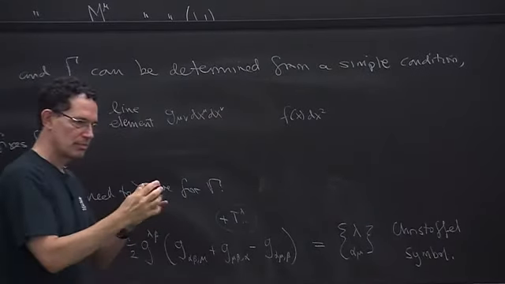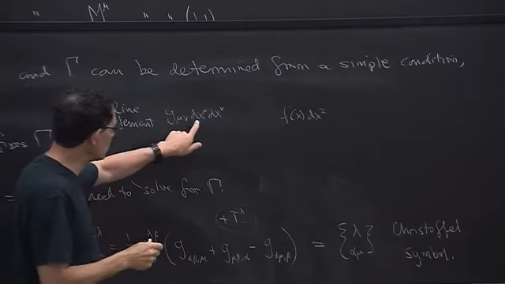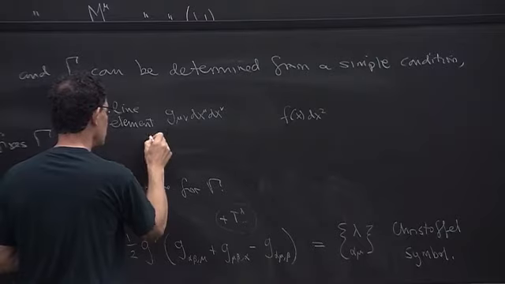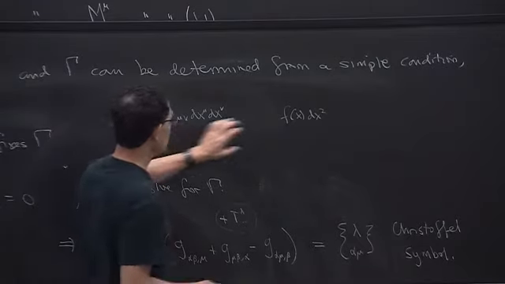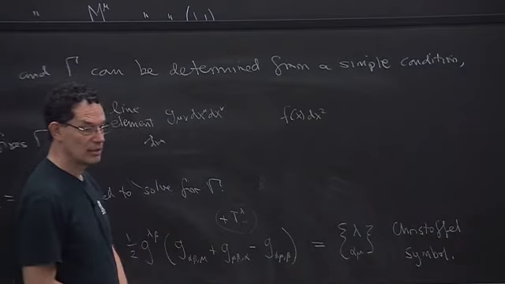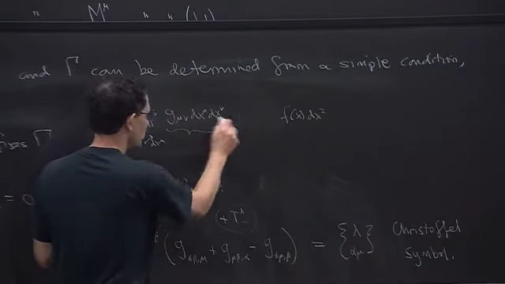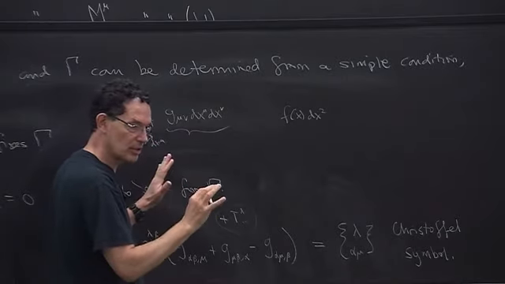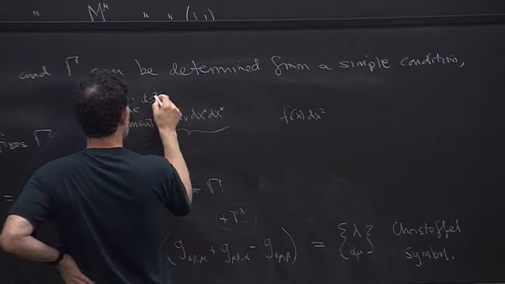That's the proper distance, a physical distance between two points separated by dx. The reason this is nice to think about is that it is invariant under coordinate transformations. Let's call it ds squared.